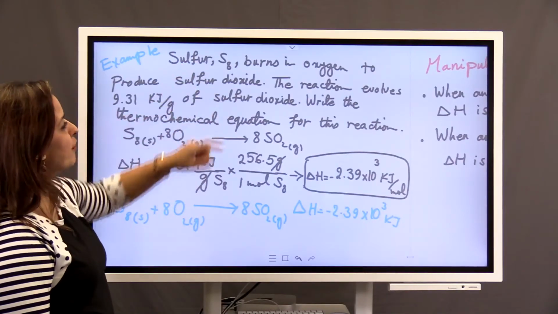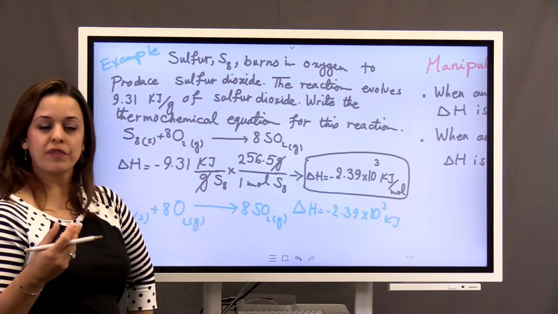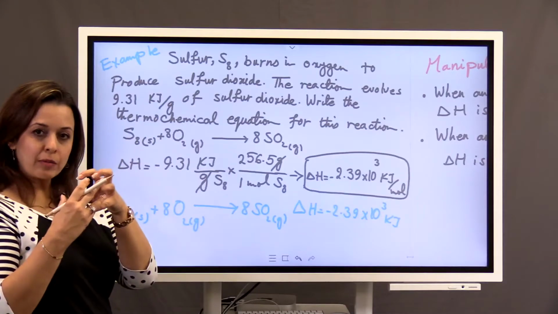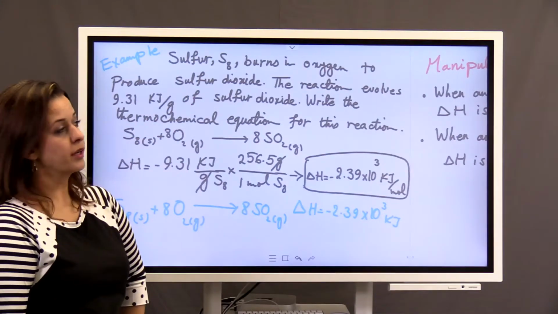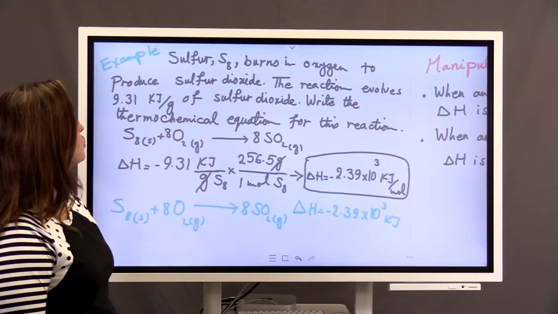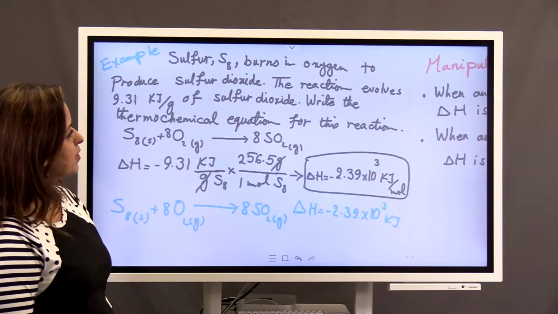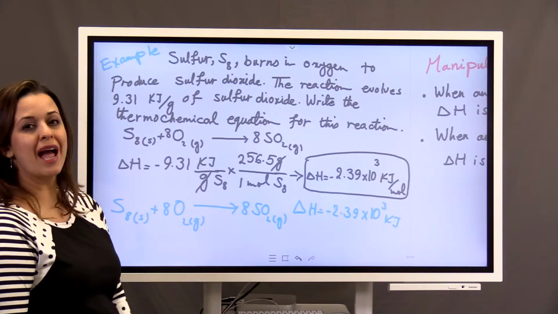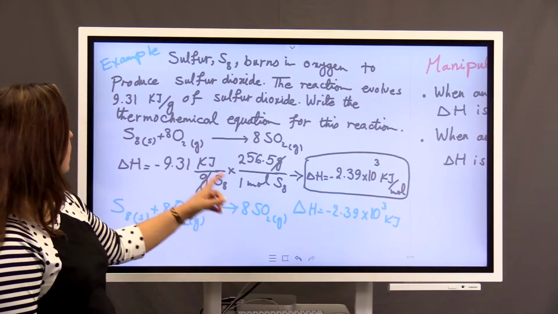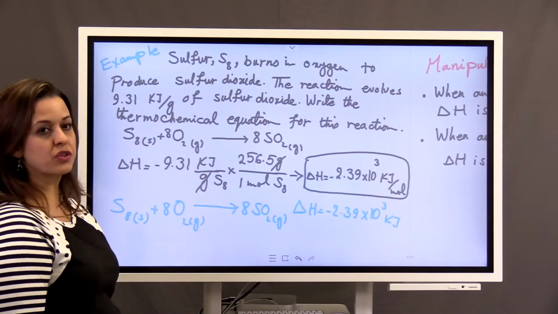Okay. The formula for sulfur is S8. 8 atoms of sulfur get together to form 1 molecule of sulfur. Sulfur burns in oxygen to produce sulfur dioxide. The reaction involves 9.31 kilojoules per gram of sulfur dioxide. Write the thermochemical equation for this reaction.